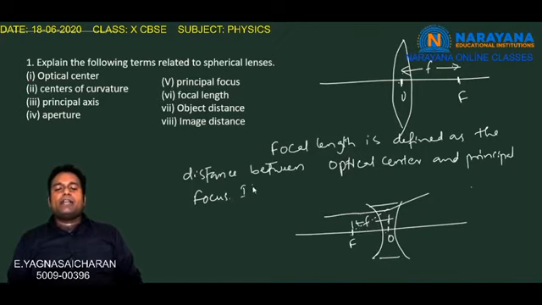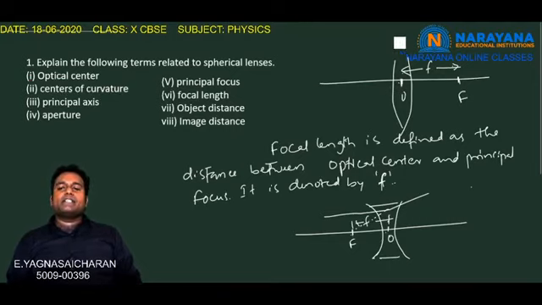So it is denoted by small f. Generally we use the small f. So this is about the focal length. In general, the focal length is always denoted by small f, and the units of this focal length will be meters or centimeters. So let us go with the next one, that is object distance.